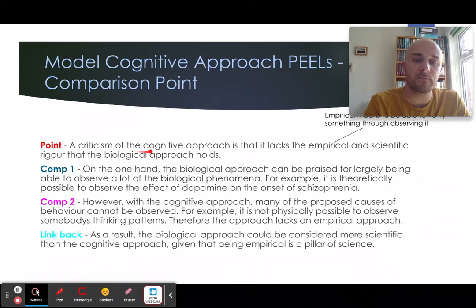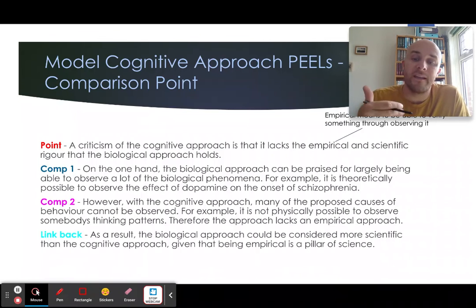So a criticism of the cognitive approach is that it lacks the empirical and scientific rigor that the biological approach holds, right? So it's saying that biological is more scientific, more observable. On the one hand, the biological approach can be praised for largely being able to observe a lot of the biological phenomena, for example, dopamine causing schizophrenia, whereas the cognitive approach, many of the proposed causes of behavior cannot be observed.